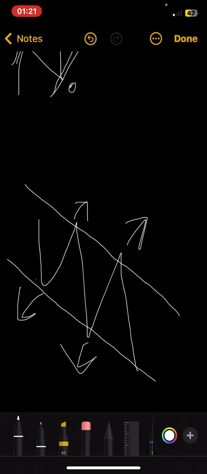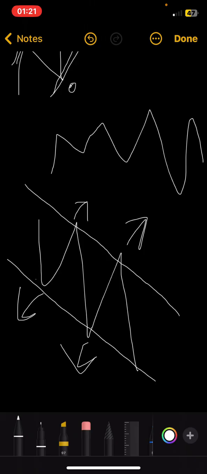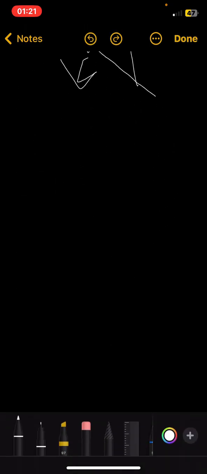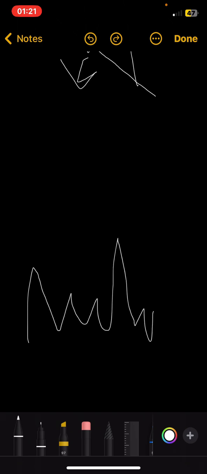The same thing applies to a consolidation zone. If you see your market doing something like this, it is very, very easy to map out your zone here.